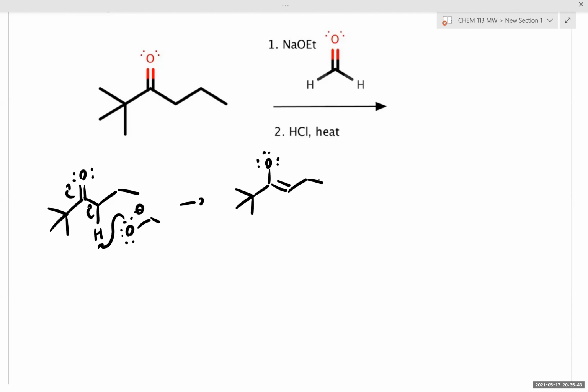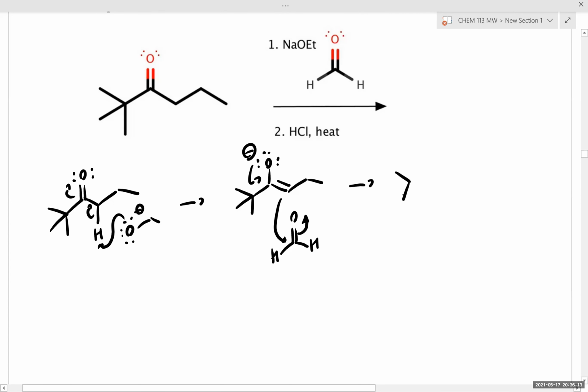We have the electrophile, which is formaldehyde, floating around in our reaction mixture. Yep, our enolate, which is nucleophilic at our alpha carbon, will attack our electrophilic formaldehyde aldehyde carbonyl carbon. That in turn gives us our aldol product.